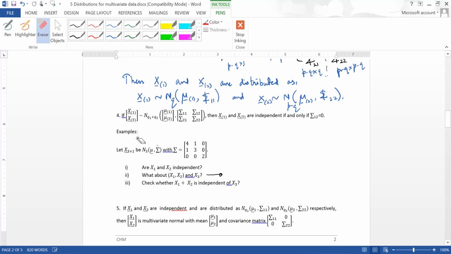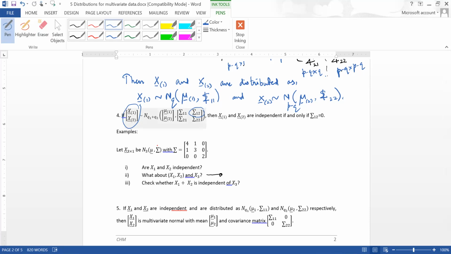Once we have the joint distribution, we can look at the covariance part of the two components and check whether it's 0 or not. That's how we find out whether the two components are independent or not.